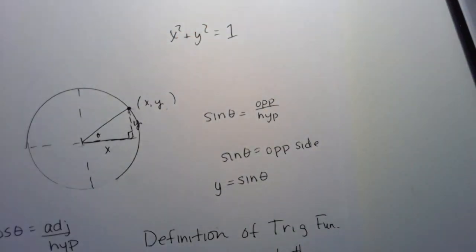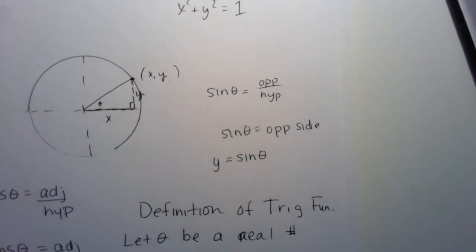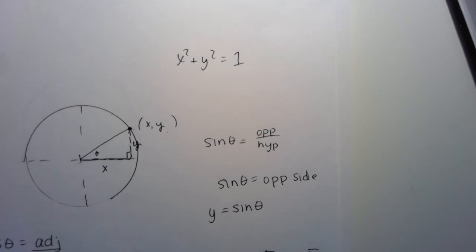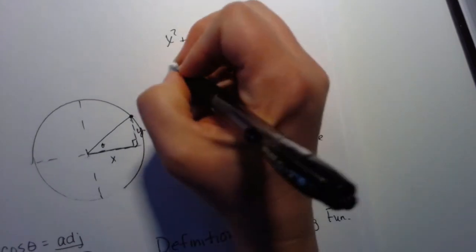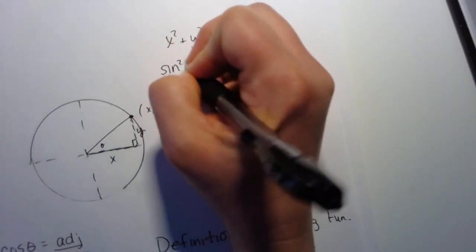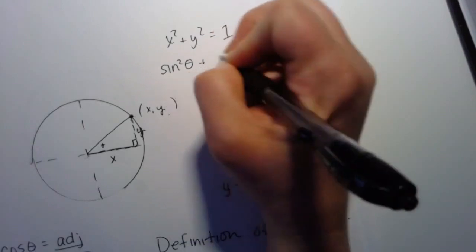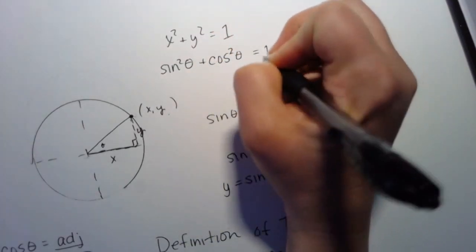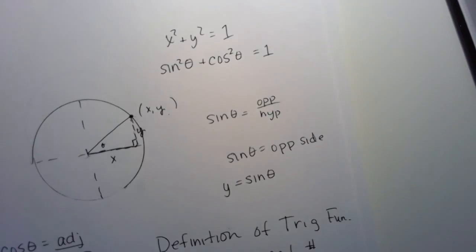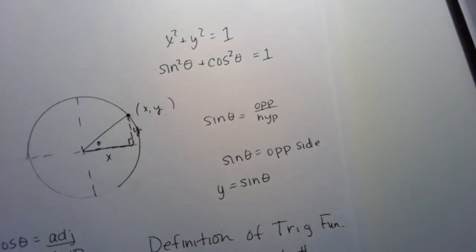From this definition, where x is the cosine of theta and y is the sine of theta, I can think of it as sine squared theta, my y squared, plus cosine squared theta, my x squared, is equal to 1. So we have our first trig identity here, okay?